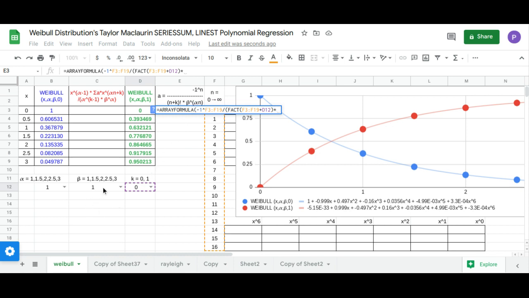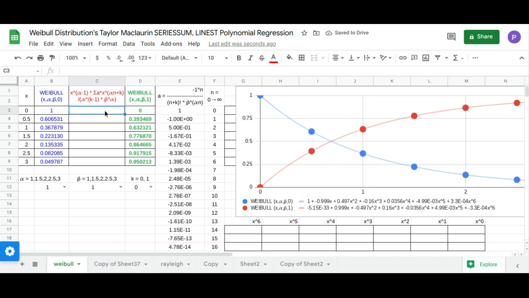So that's beta raised to the alpha, the quantity alpha times n. And enter.